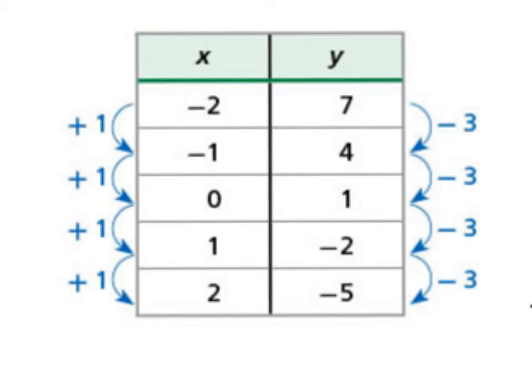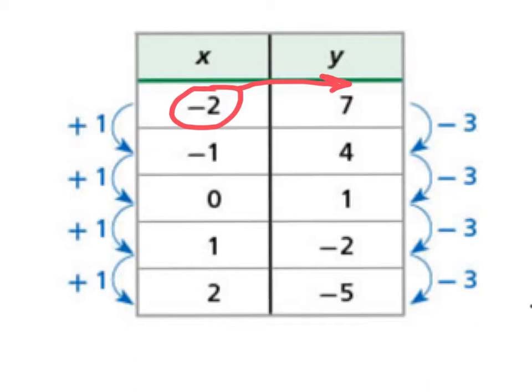You have a table of values. You have -2, 7; -1, 4; 0, 1; 1, -2; and 2, -5. Notice that you have a -2 matched with a 7. Is there a -2 anywhere else in the X column?